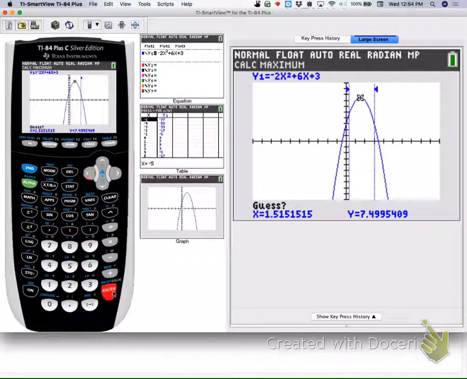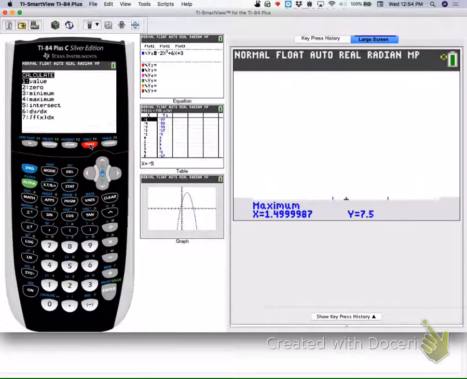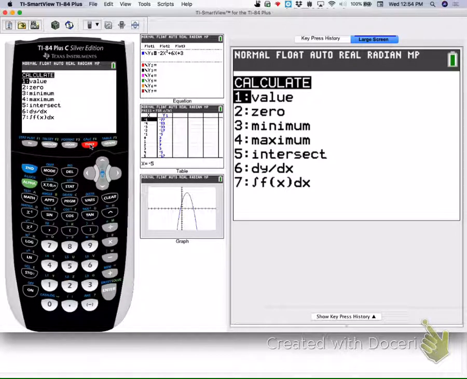I think it's about right there. We talked about this yesterday. Probably it's 1.5. You could plug in that actual 1.5, or you could use the formula, negative b over 2a, to back that up. Now, as far as where it hits the ground, go back to calculate again. This time we want to look for a zero, not intersect. Intersect is where two graphs intersect each other.